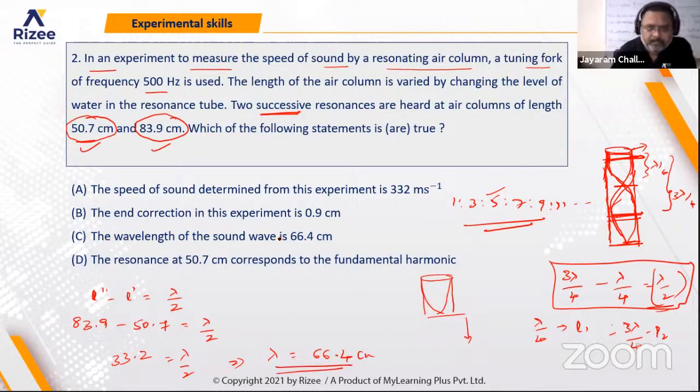Next we need to find the velocity of the sound, the end correction, and which resonance 50.7 corresponds to.